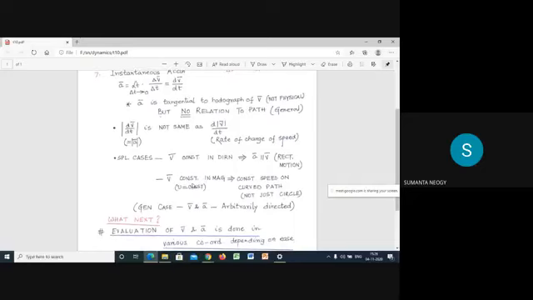See, if v is constant and we move with constant speed, what do we see? If it is not just a circle, if v is constant, then we call it a constant speed curvilinear motion.